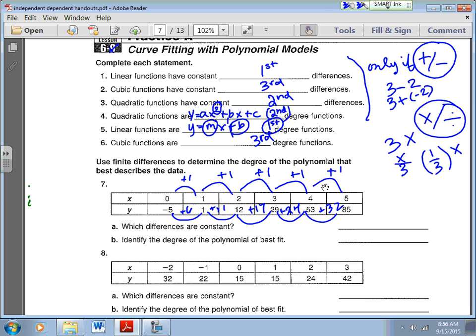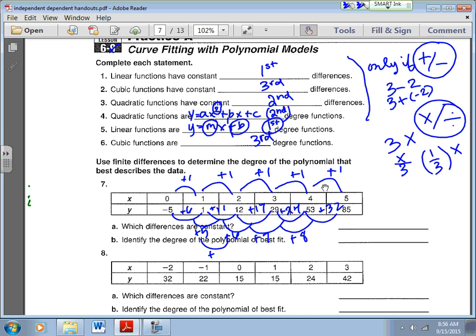Is there any constant in the next differences then? From 6 to 11, what do you get? 5, okay. How about from 11 to 17? 6. 7, okay, there is a pattern there. What about there? 8? Okay, there is a pattern there, but it's not in the second difference, is it? It's in the third.